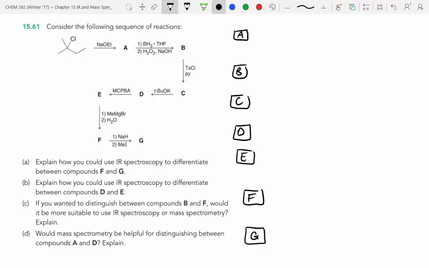Give me a thumbs up if you think you got all the different intermediates and products. I'll give you more time then.